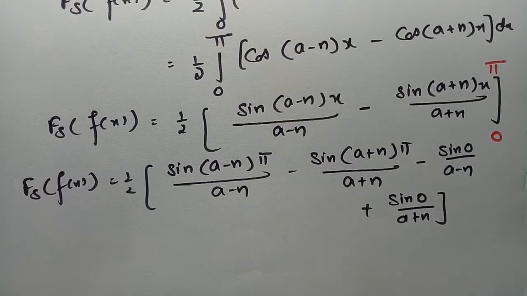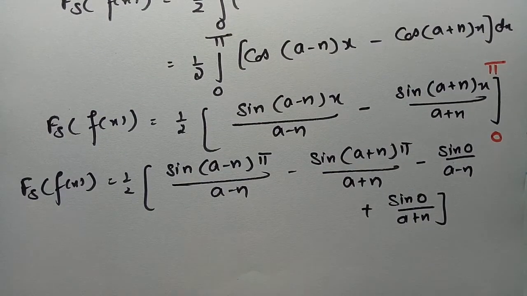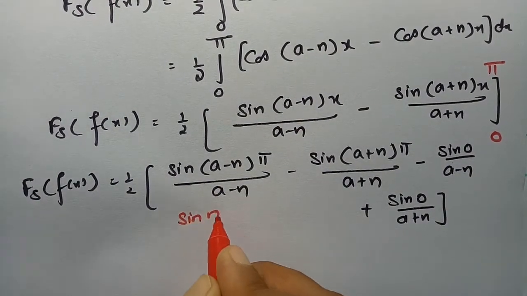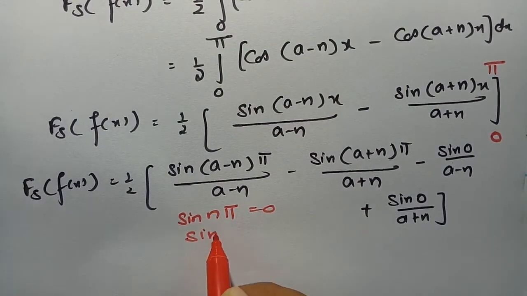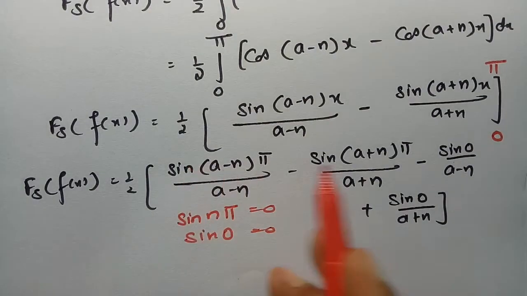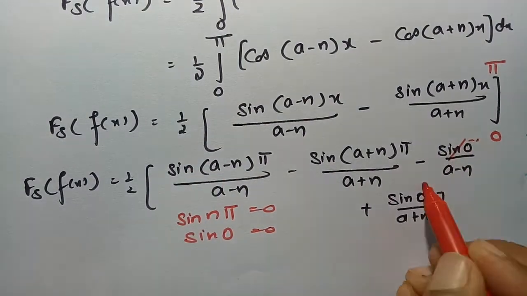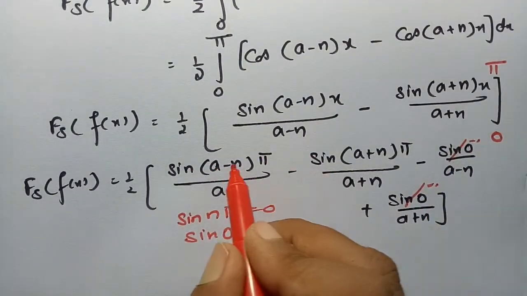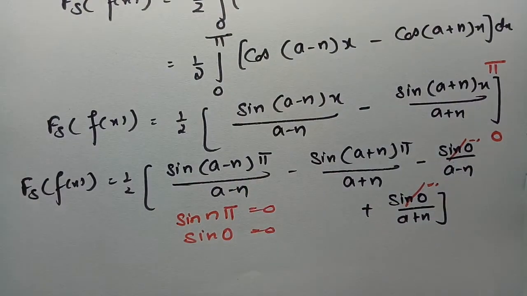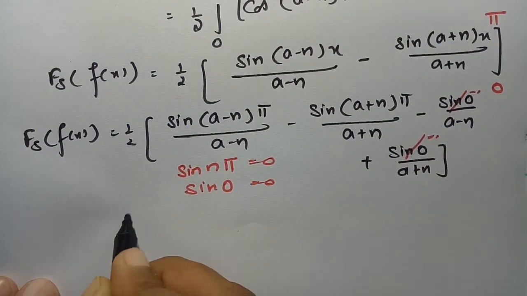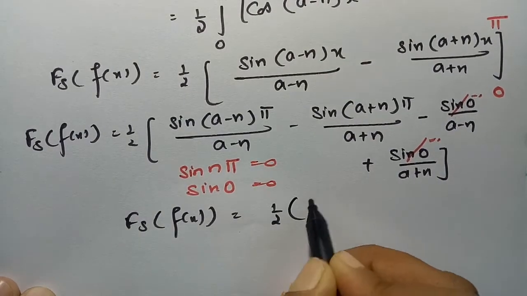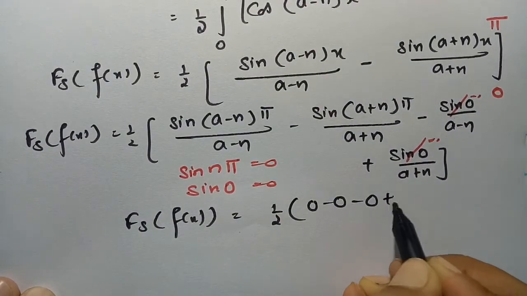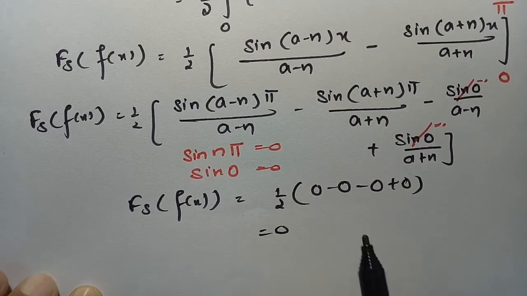After substituting everything, we have the facts that sine n pi value is 0 and sine 0 value is 0. So everything is 0 here. We have the Fourier sine transform of the function f of x equal to half into 0 minus 0 minus 0 plus 0, which is equal to 0.